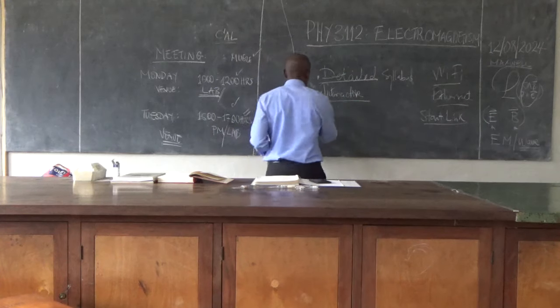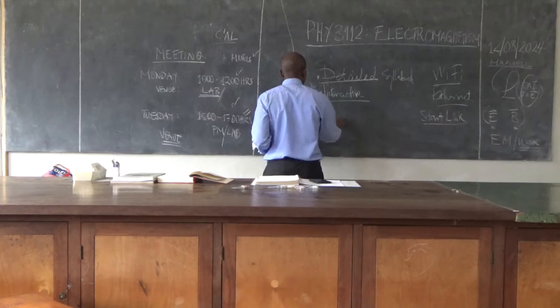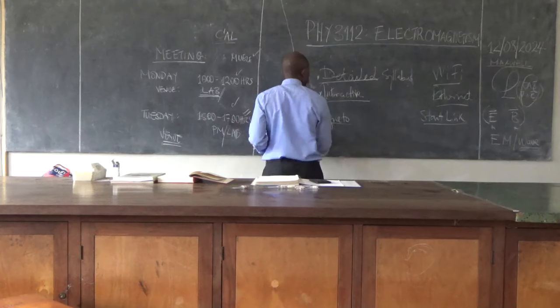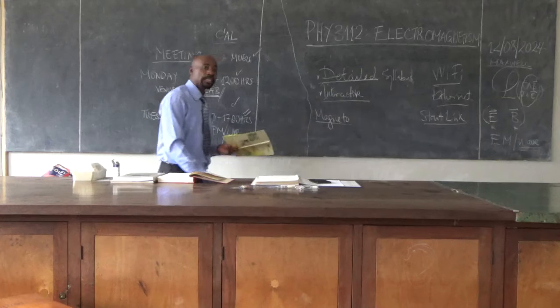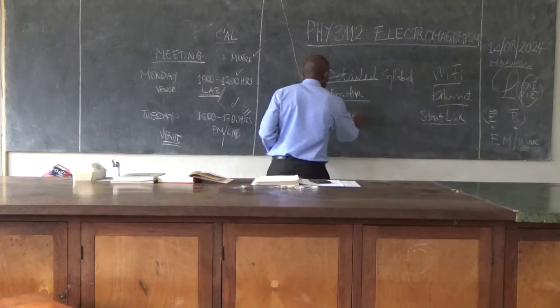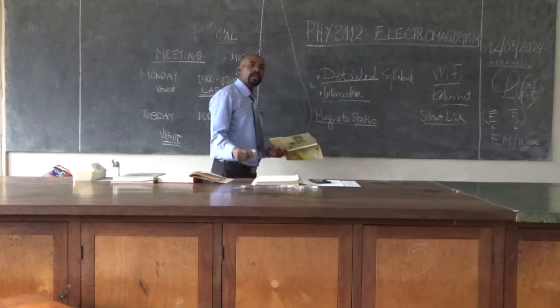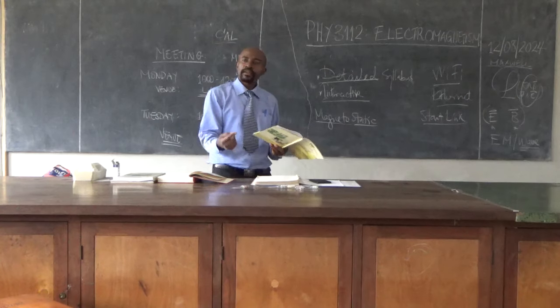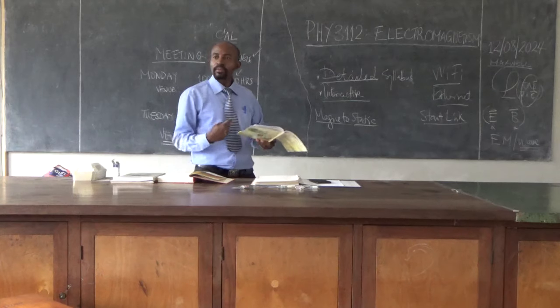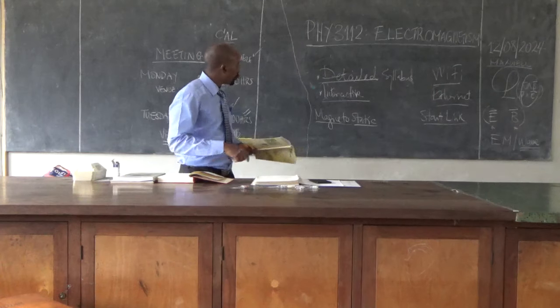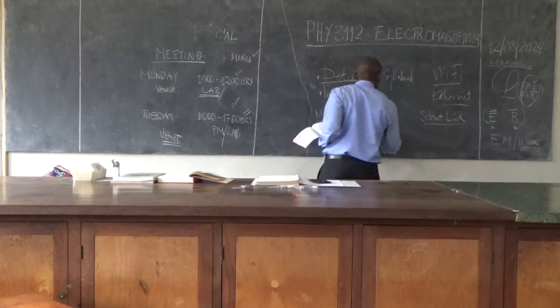So when we are looking at magneto, meaning that we are looking at the magnetic fields, and then static. If you are looking at static field lines, if you got a magnet and you get two magnets together, or even one magnet having the North Pole and South Pole interacting.